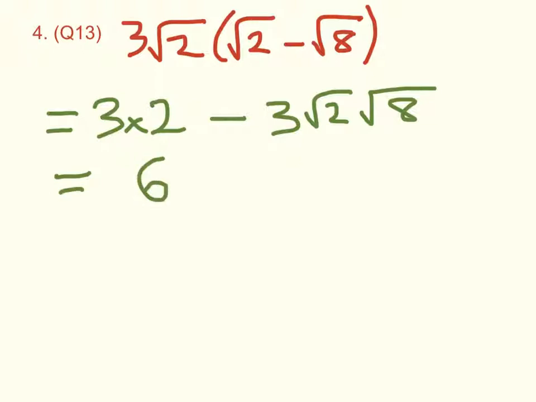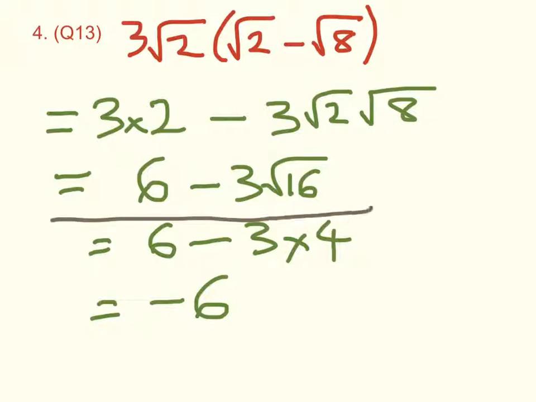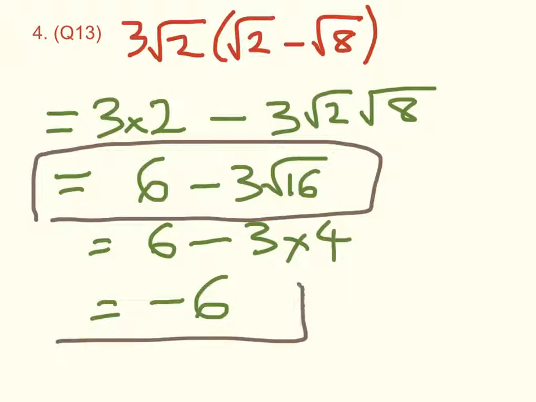So 6 minus 3 root 16, which is 6 minus 3 times 4, which equals negative 6. Right, now you certainly don't need to write 4 lines of working for that. What I would be doing once I was confident is I would be putting in that line and then probably straight to that one.